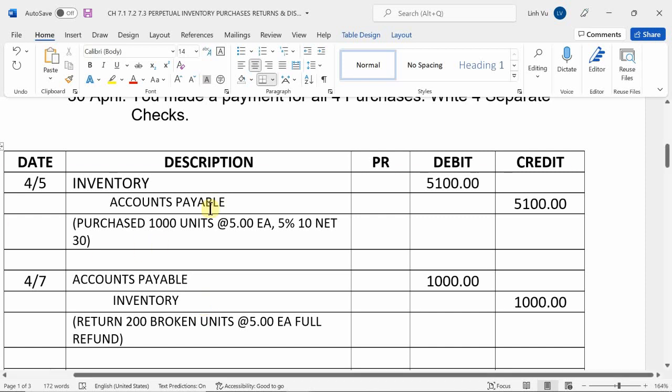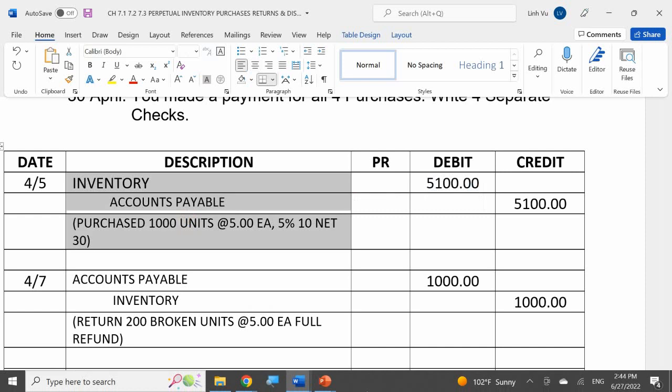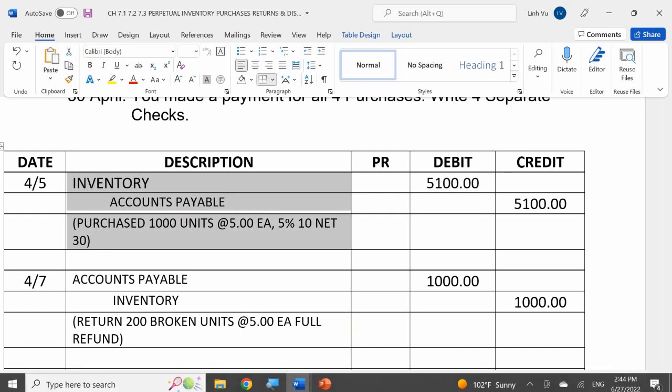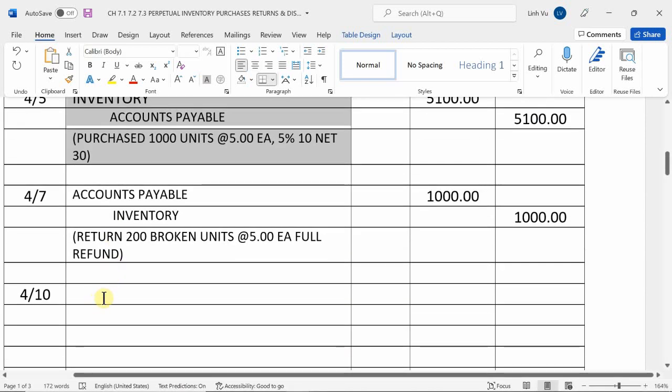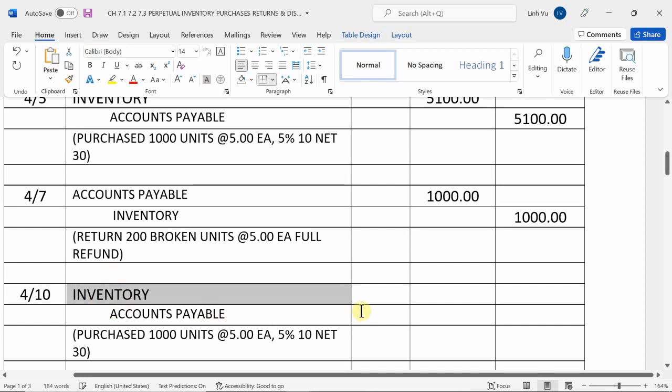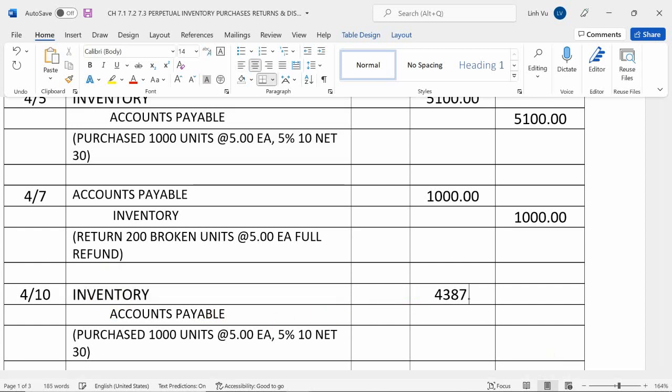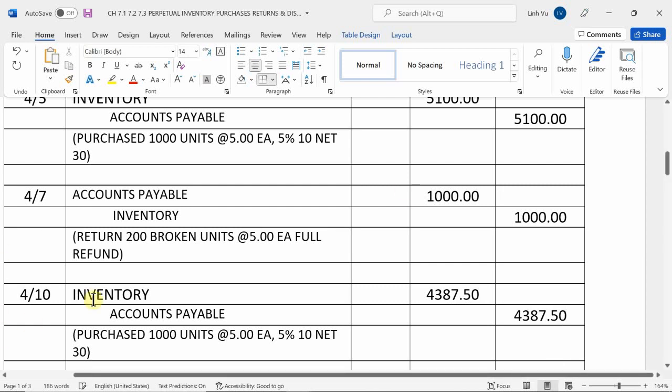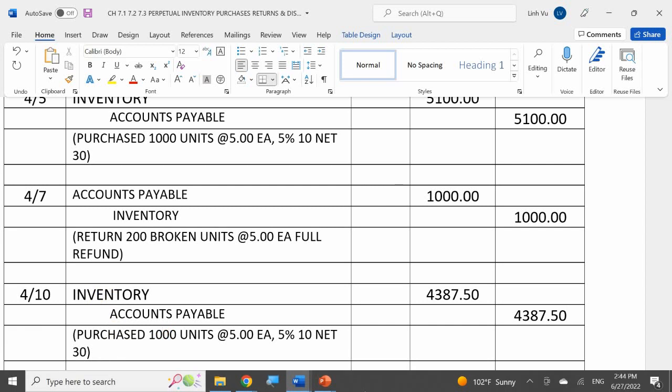Your inventory would be $4,387.50, and then your accounts payable would be the same, because we're including it all together. And this time I purchased 750 units at $5.75 each. Again, 5%, 10, net 30.